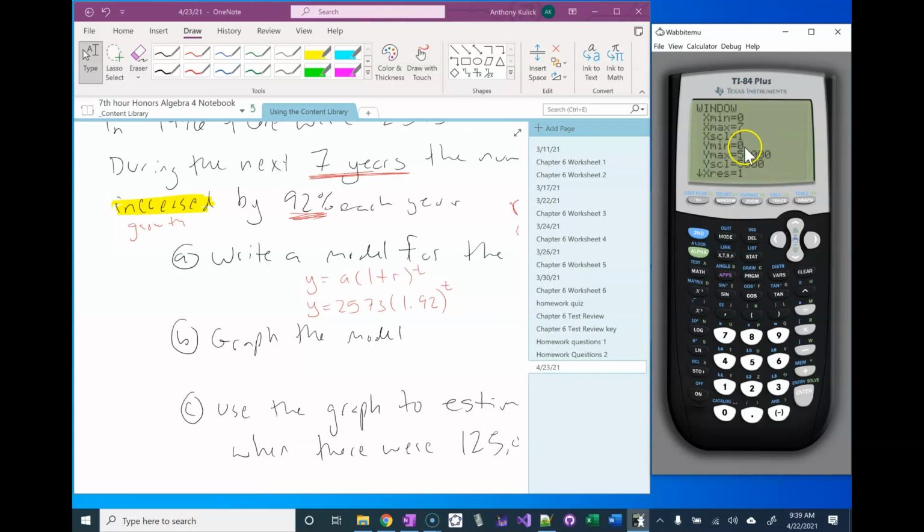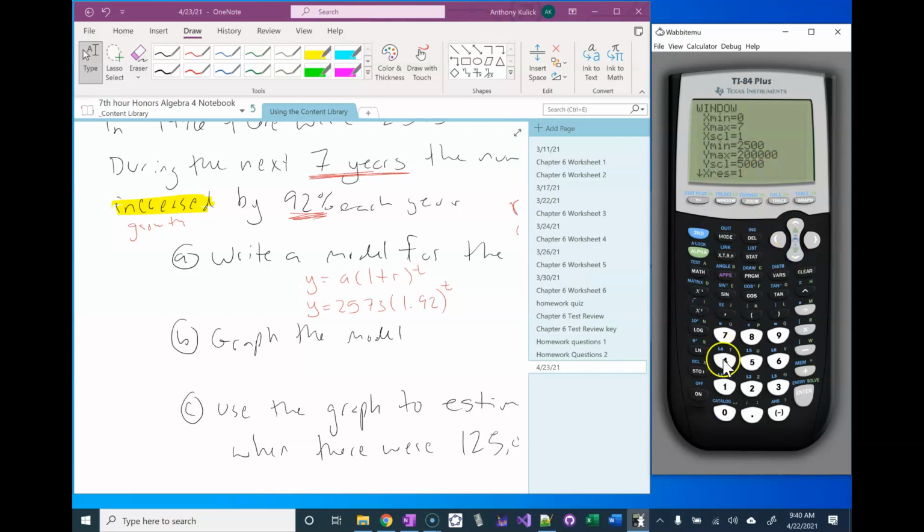The y-coordinate, again, the minimum value is that number of viruses initially. Just to have a round number, I'm going to do 2,500. And I don't know what the maximum value is, but I do know it has to be at least 125,000. So I'm going to pick like 200,000 just to be sure.